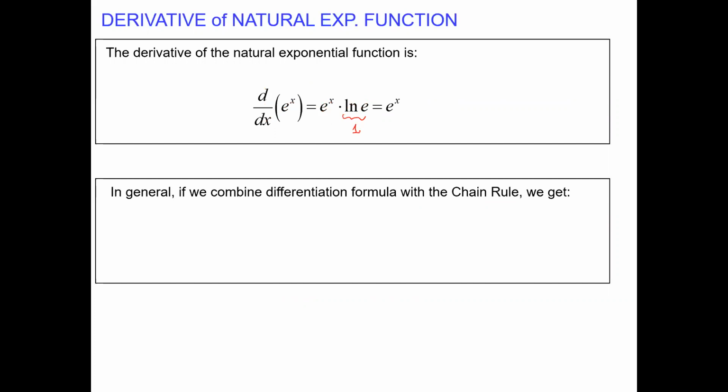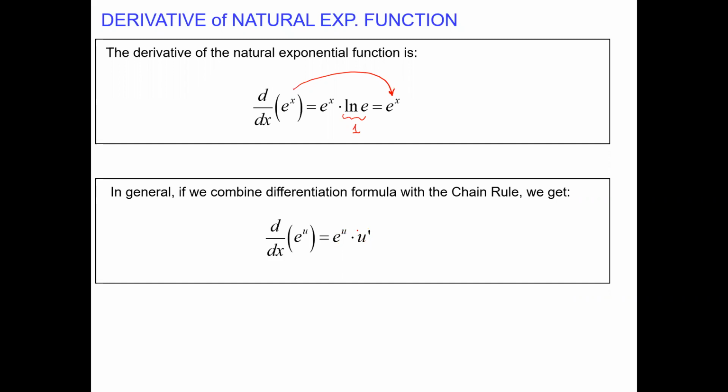That means this is even more exciting, because the derivative of e to the x is just the function itself, e to the x. And adding the chain rule, e to the u, following the chain rule, times u prime, because behind u we have another function.